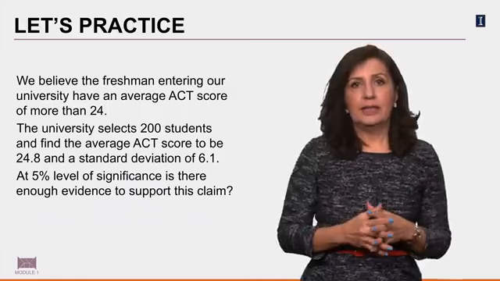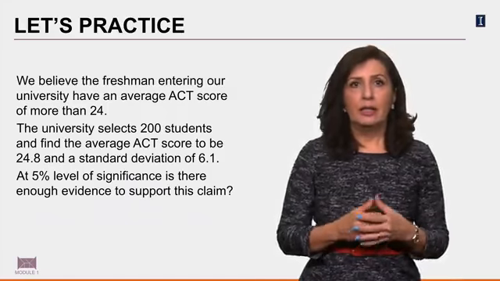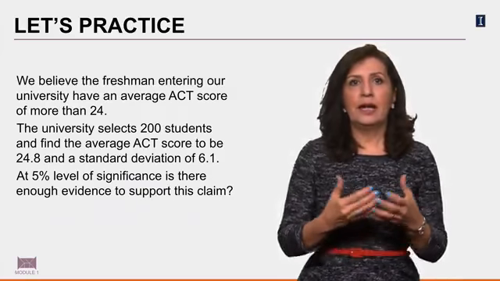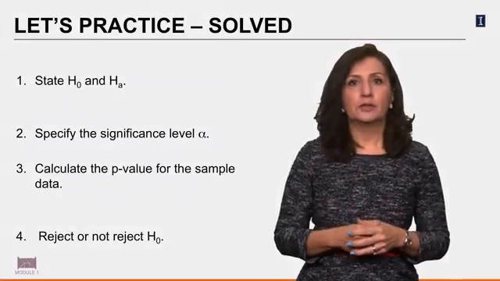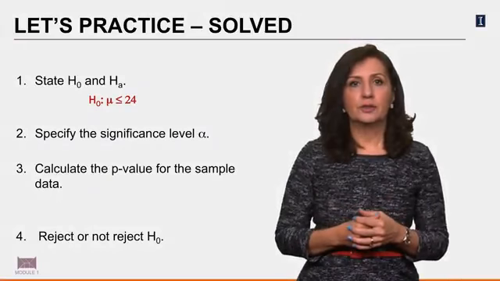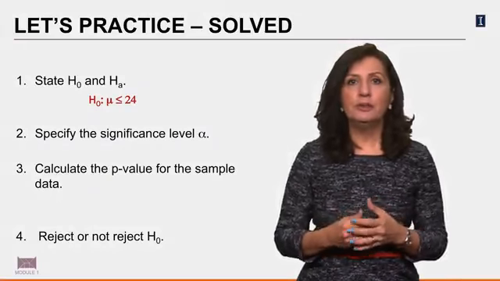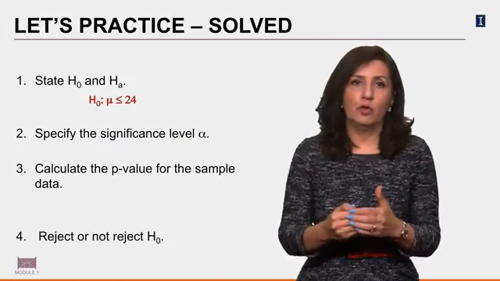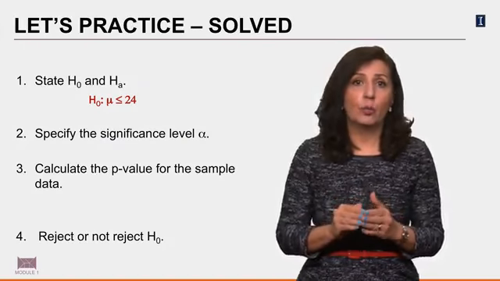This was the other example we looked at in lesson 1. Now let's try to solve it together. State the hypothesis and the level of significance. What is your hypothesis? It should look like this. Remember, the current belief is that the average ACT is greater than 24, not 24 or more.